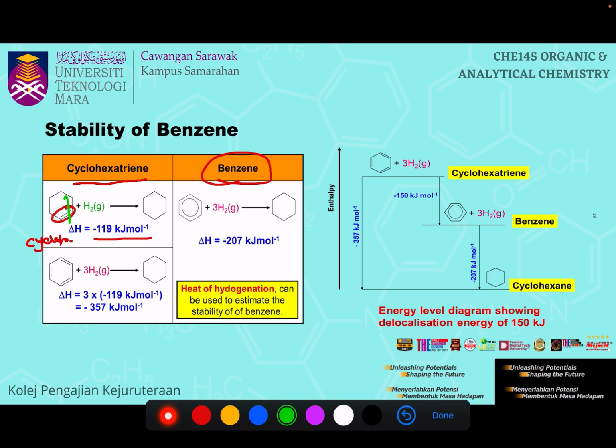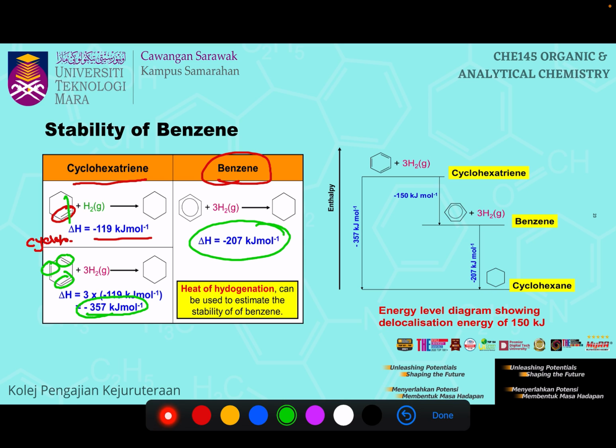So logically, if you have three double bonds, by right the value should be multiplied by 3, and you would get this amount to break all three bonds. But in the case of benzene, the energy required is lower.